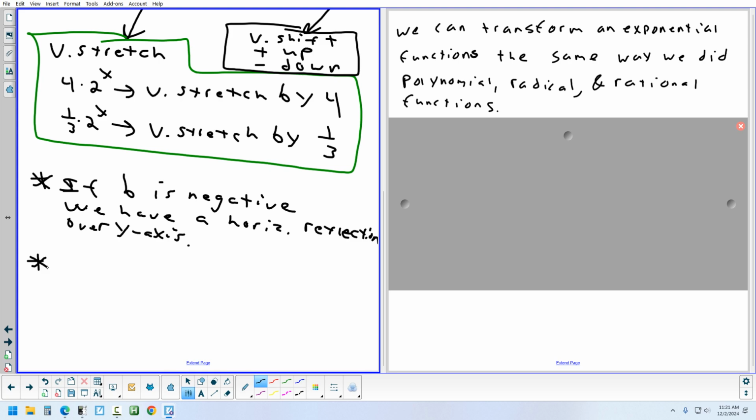And one more note, if C is negative, we have a vertical reflection. And vertical is over the x-axis.